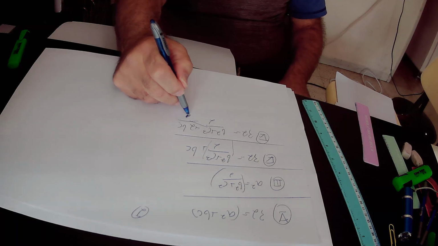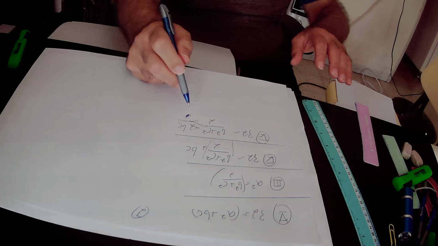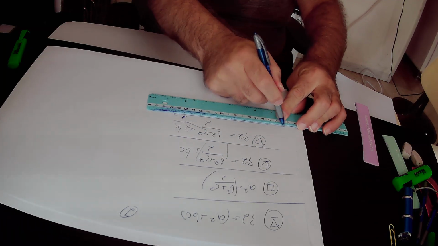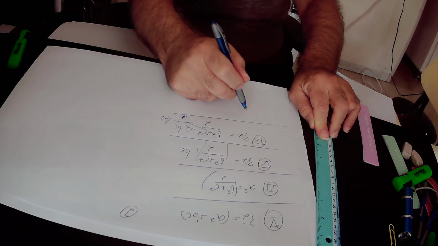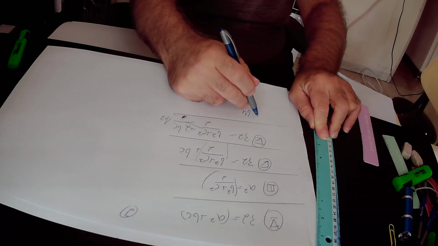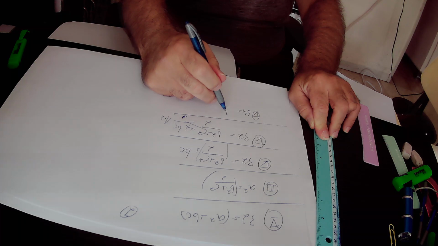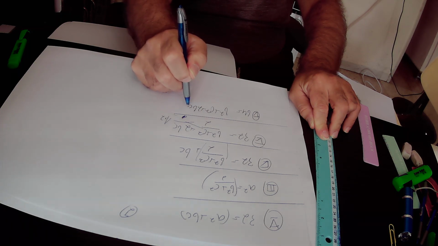So in total, 32 equals B squared plus C squared plus 2 times B times C over 2. Here we multiply this equation 5 by 2. And finally we get that 32 times 2 is 64, equals B squared plus C squared plus 2 times B times C.